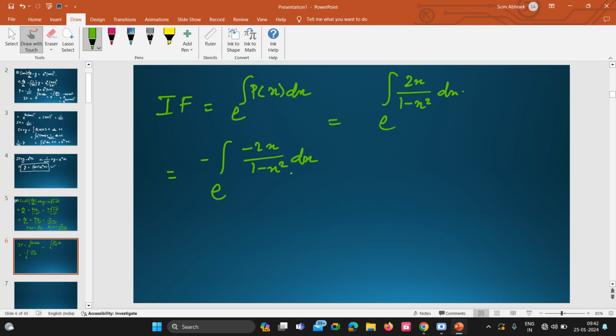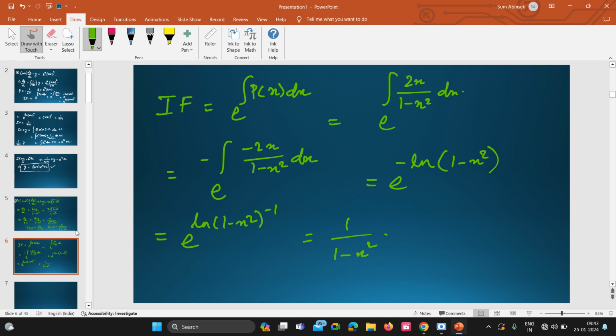If you see, this integration is what? ln of 1 minus x square, because the derivative of the denominator is in the numerator. With the minus sign, that will be ln (1 minus x square) to the power minus 1, that is 1 by 1 minus x square. That is your integrating factor.